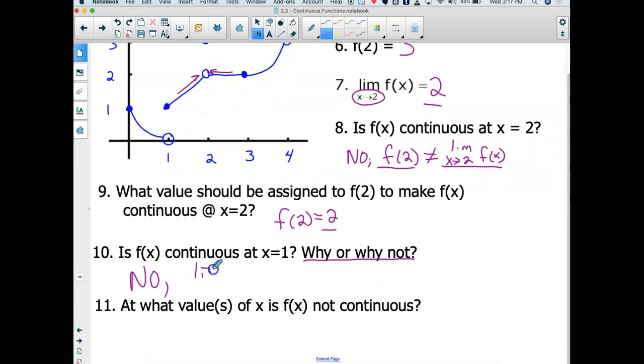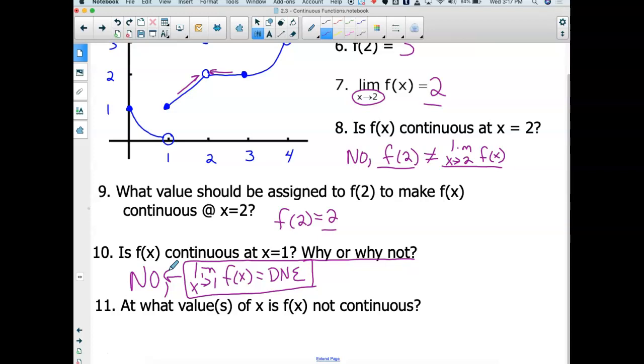Because the limit as x approaches 1 of f of x does not exist. Justification, that's my proof for my answer. Why not? Well, the limit as I approach from the left is 0. As I approach from the right, it's 1. Left-hand doesn't equal the right-hand. Therefore, the limit does not exist. We can see that right in the graph.